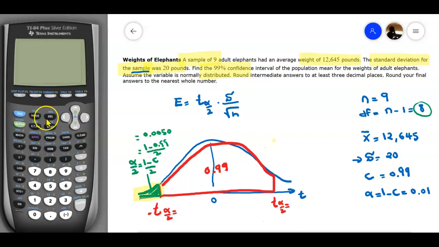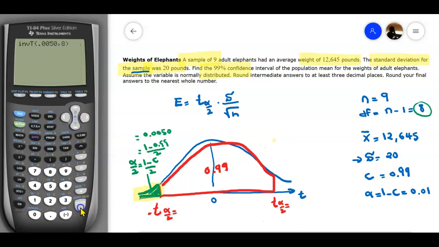So use the calculator. I go second, vars, and then I go to number 4 to find inverse T, and here I'm going to put the area, which is 0.005, and the degree of freedom, which would be 8. That's all.